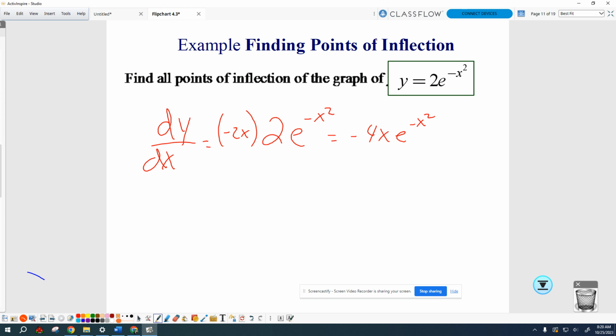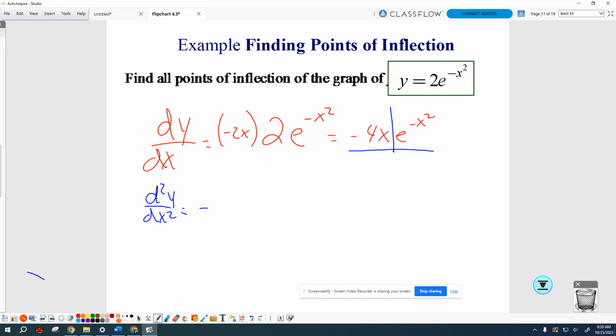Gus, second derivative? Is it just e to the stuff again? Yeah. Well, no, we have to do product rule. There's two pieces. Okay, so product rule. What do we do? Derivative of something times.